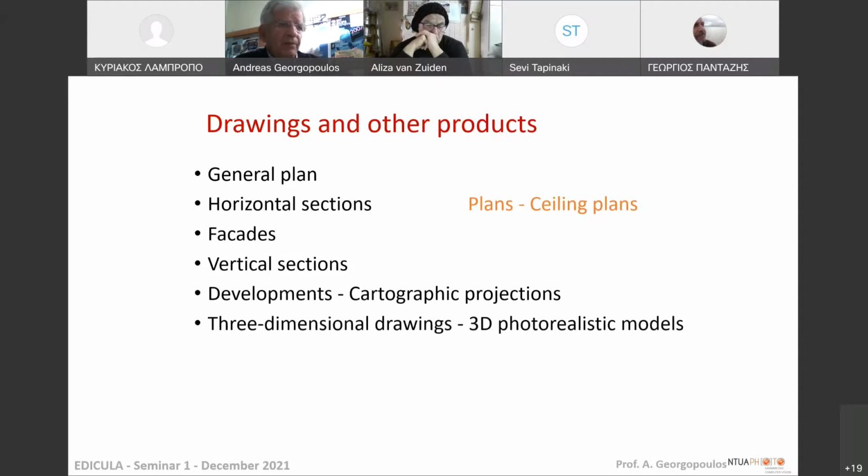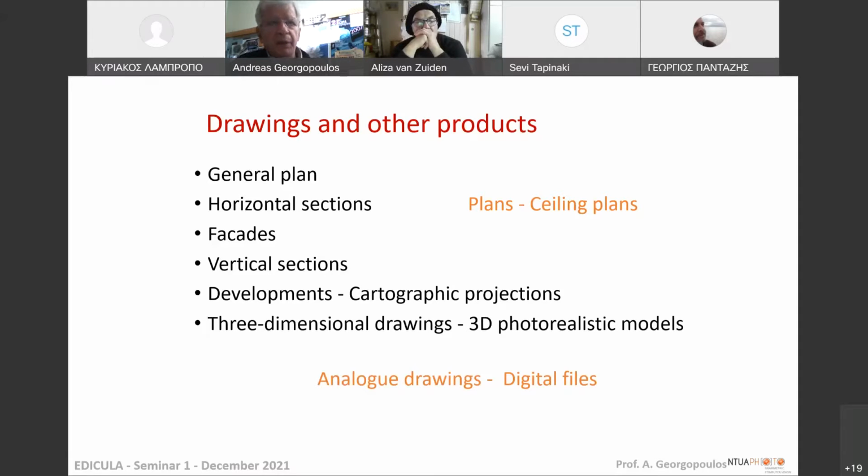We also have the ability since, let's say, 10, 15 years to produce three-dimensional models, that is drawings in 3 dimensions, and this is very, very important, and photorealistic models, and all that can be either in analog form or in digital files. Now, how can a 3D model be in analog form?